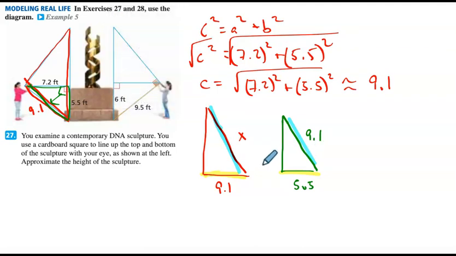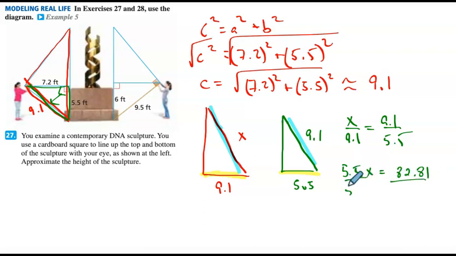So you can make a ratio of x over 9.1 equals 9.1 over 5.5. That's one way to do this, and you could just cross multiply and get 5.5x equals 9.1 squared, which is 82.81, and then you can divide by 5.5. And I'm at x approximately equals 15.1 feet.